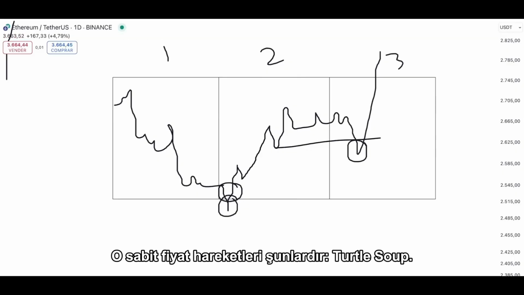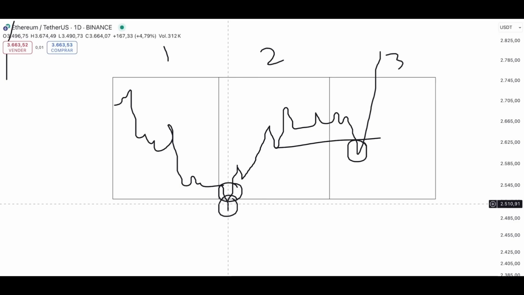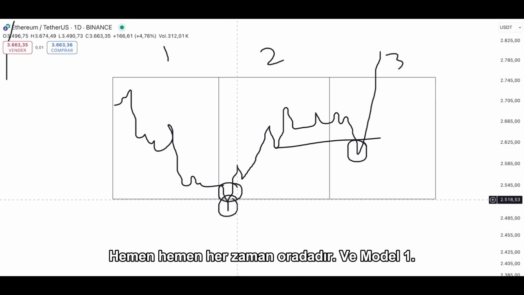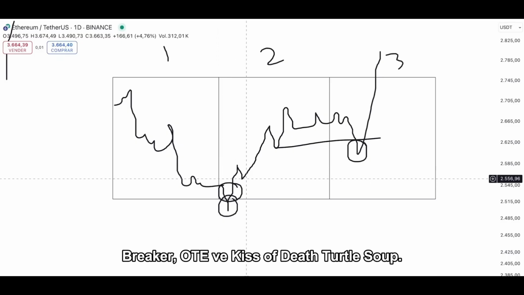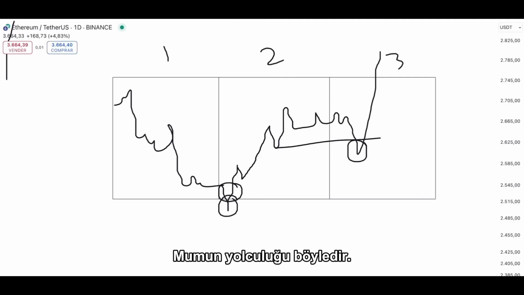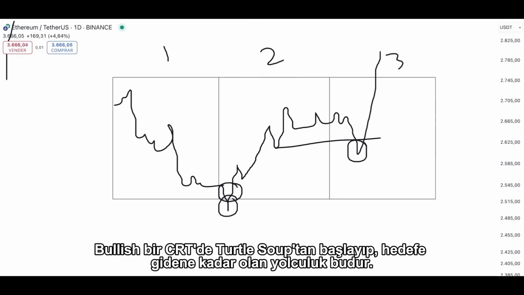Anyway, the fixed price moves are turtle soup, which is almost always there. It's always there. And then model number 1, breaker, OTE, and the Kiss of Death Turtle Soup. This is the journey of the candle during a bullish CRT from the turtle soup till the target.